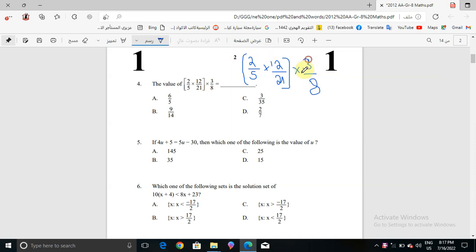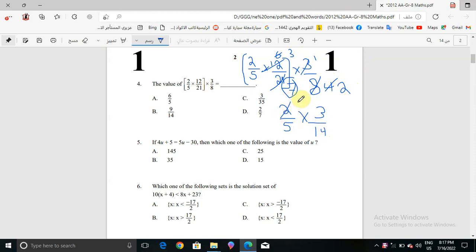Then we'll cancel 3 with 21, here by 1 and here by 7. Then 8 and 12, it will be by 4, here by 2 and here by 3, right? Then what we'll make here, 2 over 5 times, because here we have 7 and 2, 7 times 2 it will be 14, 3 over 14.